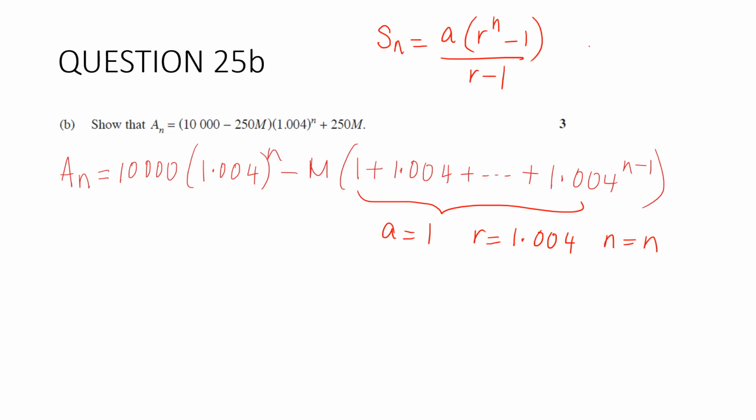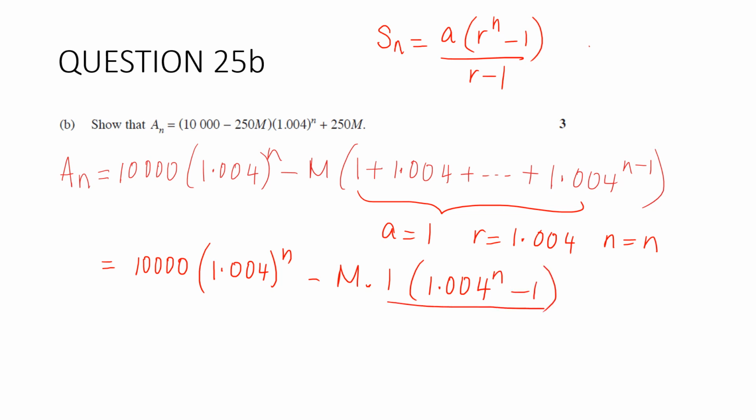Okay, so we're going to be equal to 10,000 times 1.004 to the power of n minus M multiplied by (1.004 to the power of n minus 1), all over 1.004 take away 1. All right, where are we going to go with this? We want to get here. All right, let's keep going.